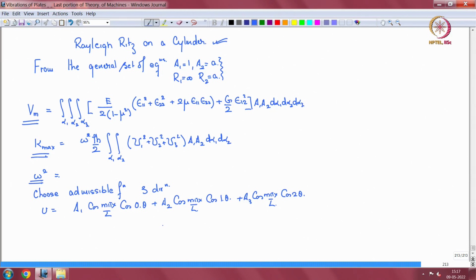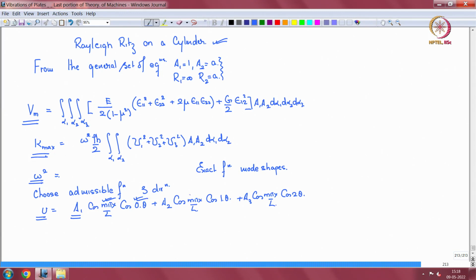Here I am kind of, what shall I say, cheating. I am choosing the exact functions, or exact mode shapes, just to demonstrate. Okay. So, the u you choose as A1 cos m pi x over L cos n equal to 0 theta, which is the mode shape.